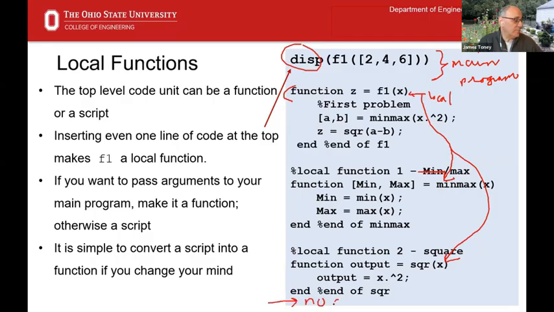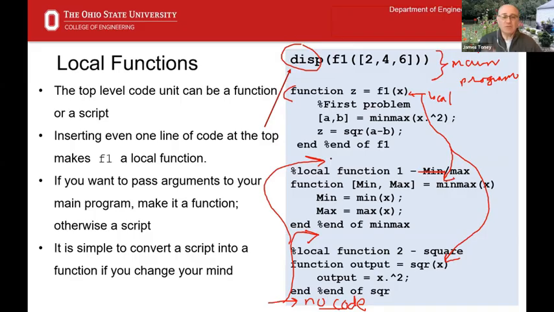Say at the bottom, no code here, at the bottom, or in between functions. Okay, you can't have just bits of code hanging out in space here in between the function definitions. It either has to be in the script up at the top or within a function. Okay, anything else will give you errors.